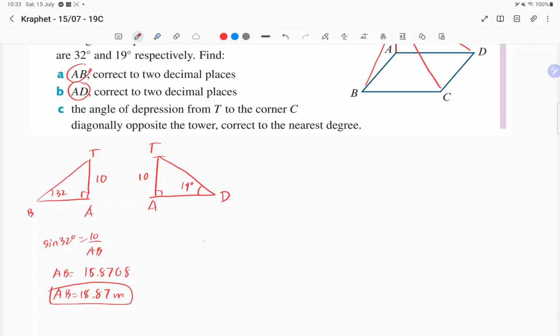And then same thing, sine of 19 degrees equals AD over 10. So AD would be 10 over sine 19, so that would be 30.7155, which is AD would be 30.72 meters. That's it. Question A, B done.